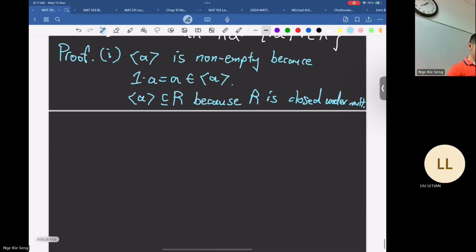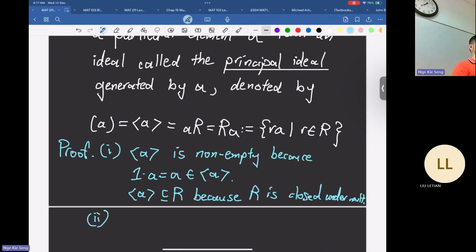And then what else do you need to check for an ideal? Closed under addition, right? So you need to take any two elements in the set. Take x, y in the ideal of a.